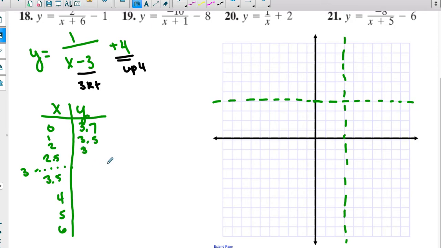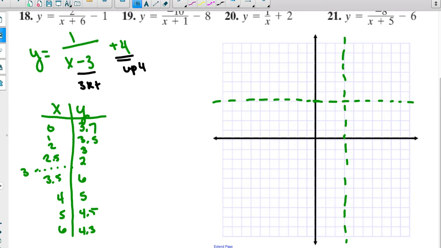And then negative 2 plus 4, which is going to give us 2. All right, that's going to give us 6. This is going to give us 5. This is going to give us 4.5. And then 1/3 plus 4 is 4.3.